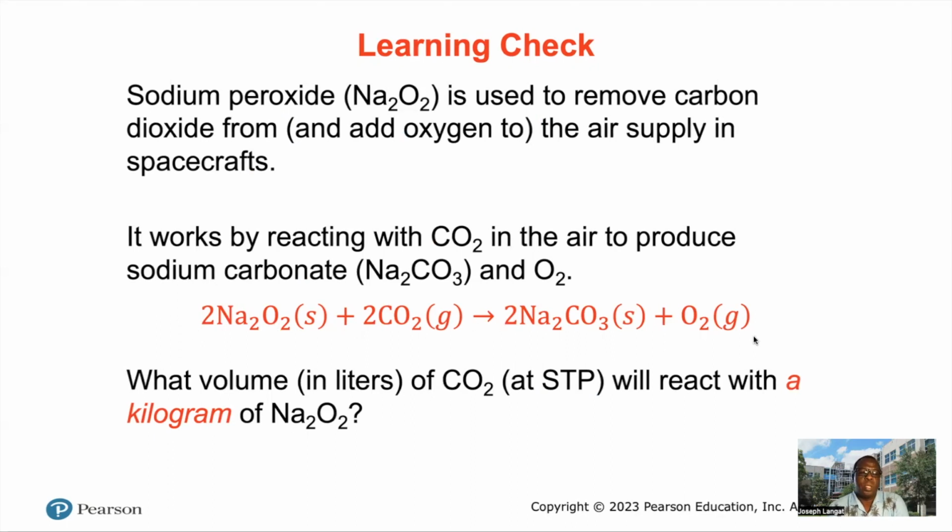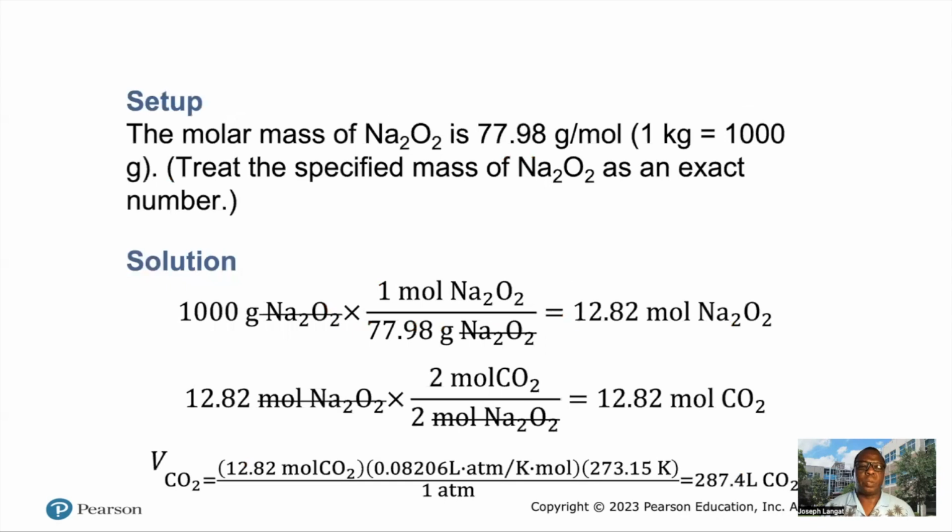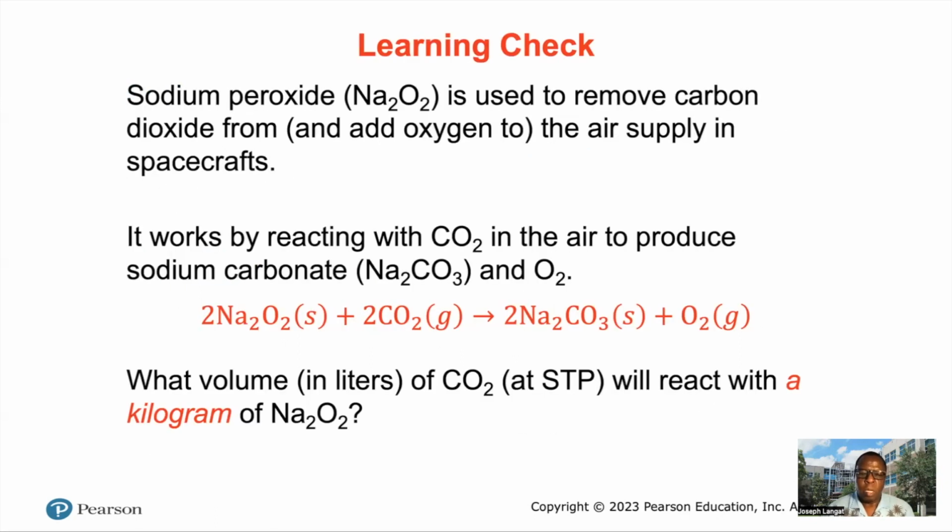What volume in liters of CO2 at standard temperature and pressure will react with a kilogram? Remember, a kilogram is 1,000 grams, so you need to change the given mass.